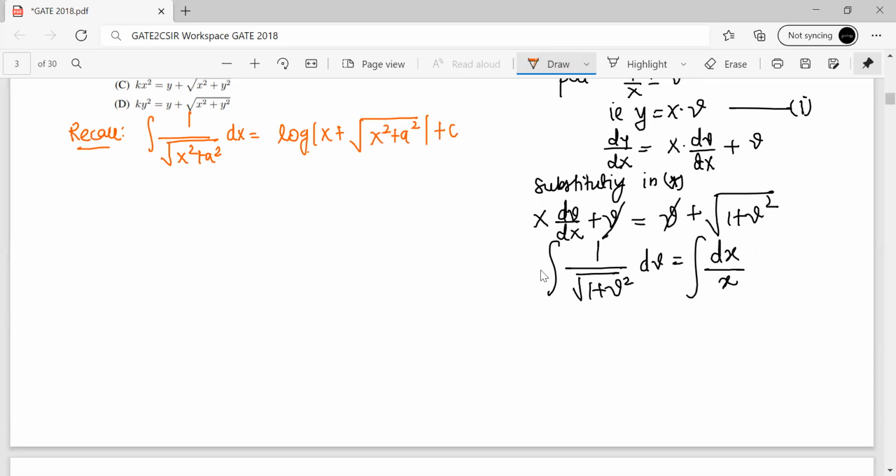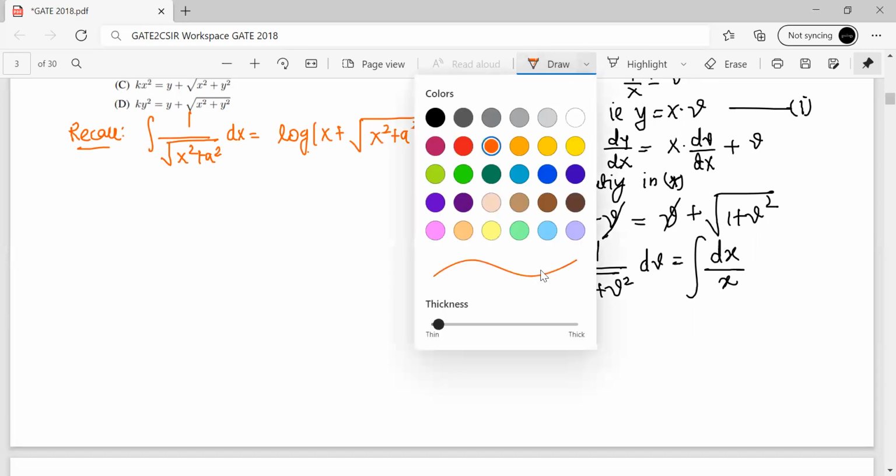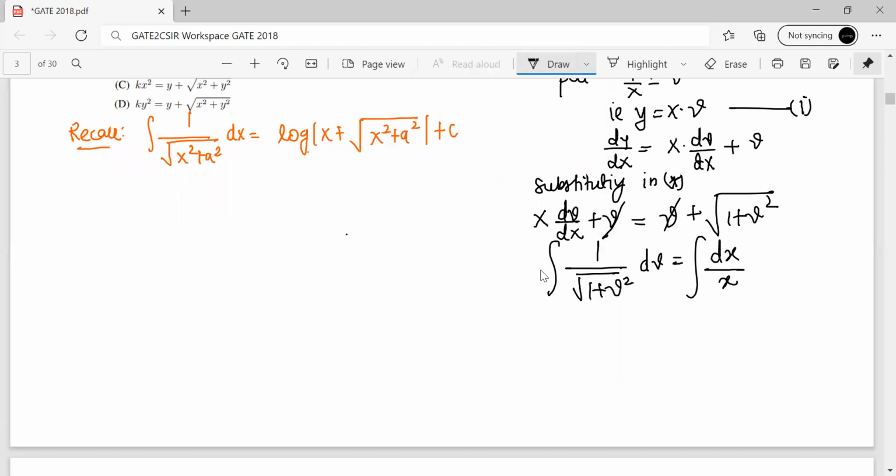This is the formula that we will be using here. So I'll get log of v plus under root 1 plus v square equal to log x, and since these two terms are logs, I'll take log k here.